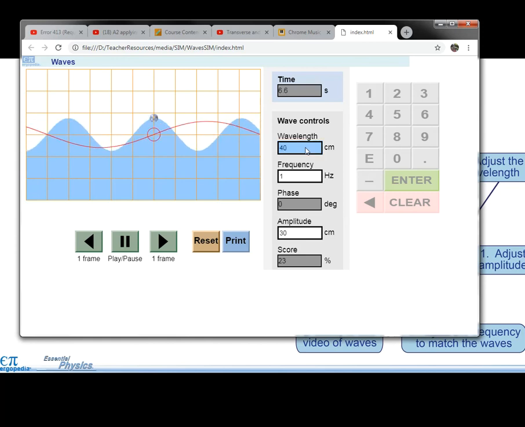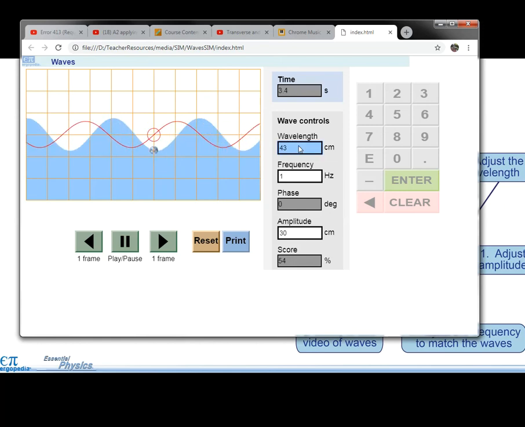Let's say if I make it shorter, it seems like it's getting closer, but it's not quite there. And if I make it maybe, let's say 30, it's a little bit too short, so you can kind of play with this here. I wish there was a way to sort of just go up and down, but you can't, because it's kind of old school. But I'm getting closer and closer here, and you can play with this until you get to the right wave.